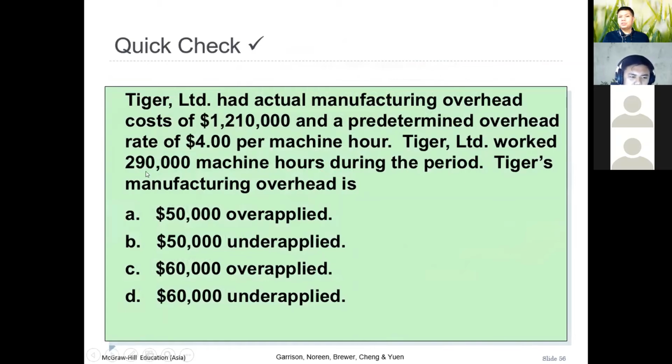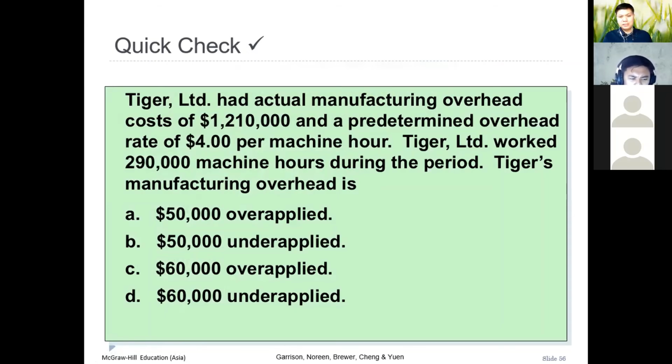Kukunin mo yung actual machine hours worked. Di ba? So that's the applied, correct? So 4 times 290,000, that's the applied overhead. What's the actual? 1,210,000. Okay, what's the answer? Over or under? Magkano? Is it letter A or B?